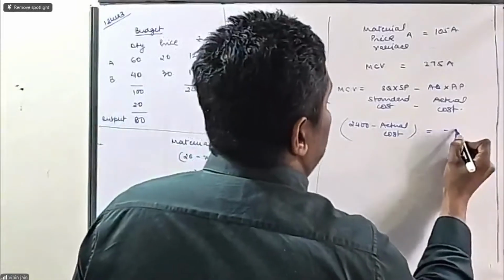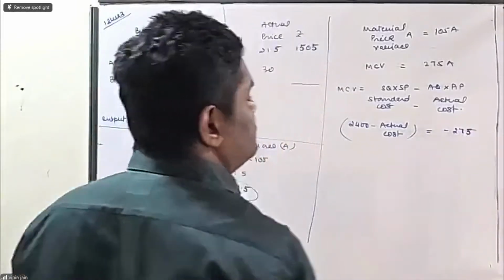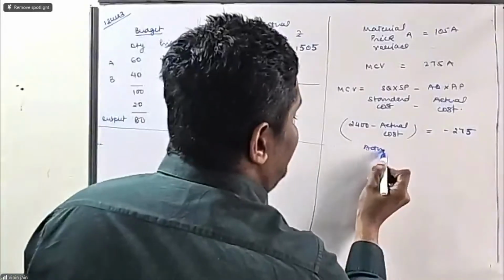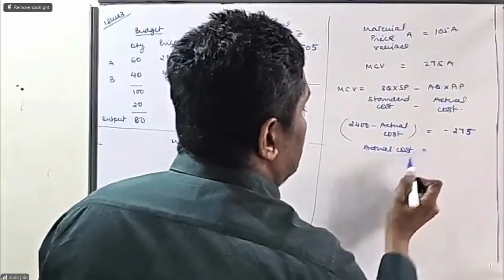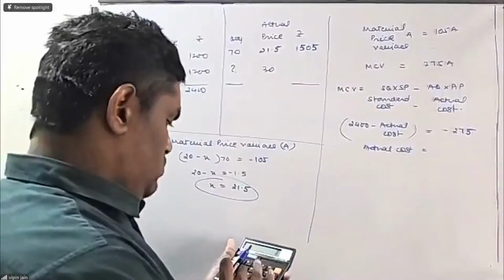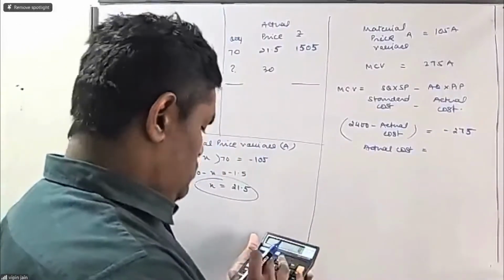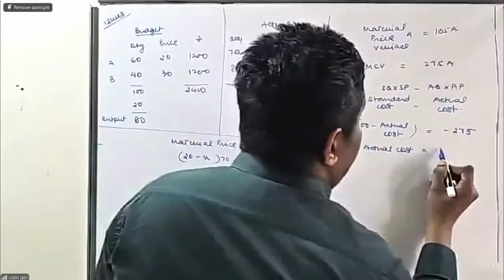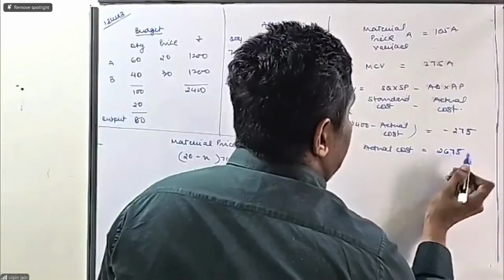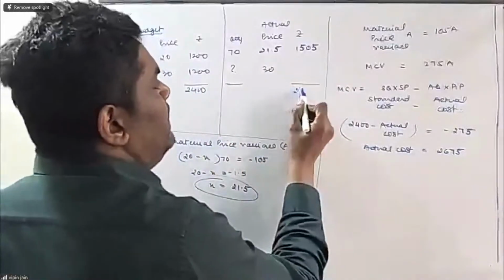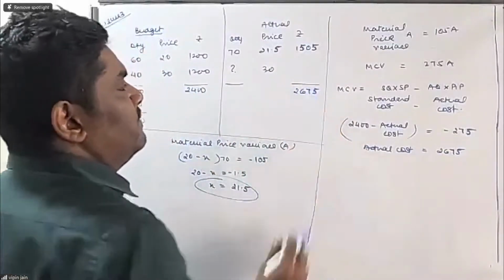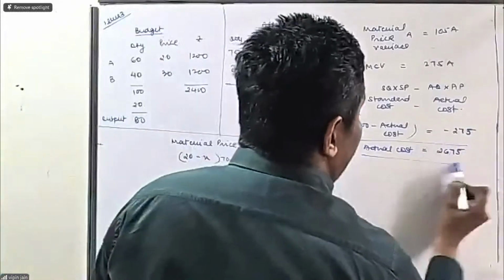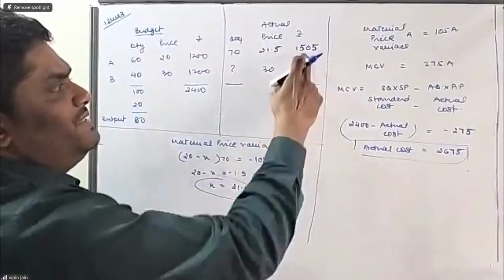This should be equal to 275 adverse. So my actual cost will be how much? This will be 2675. The actual cost will be 2675. So now this figure is calculated.